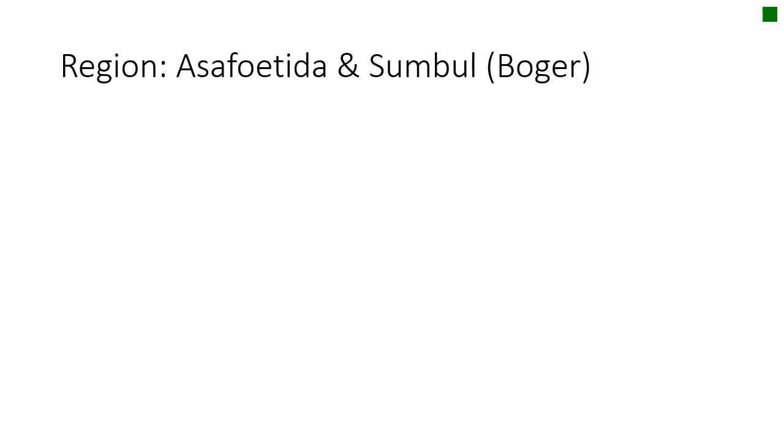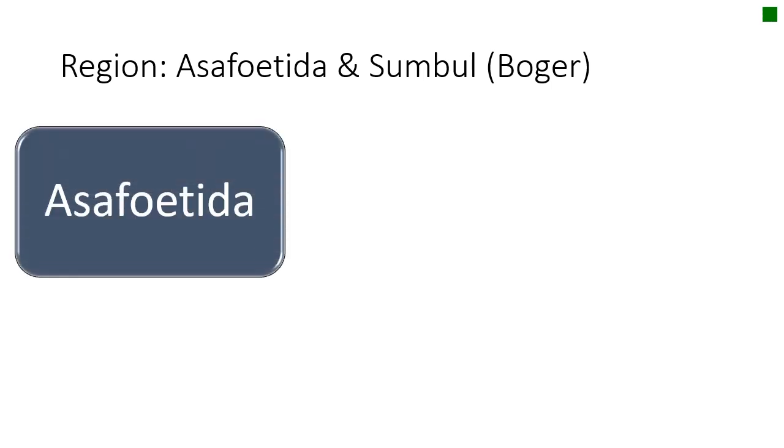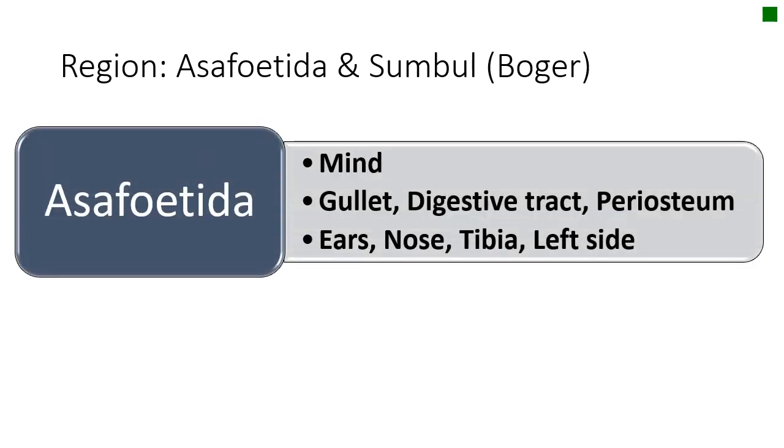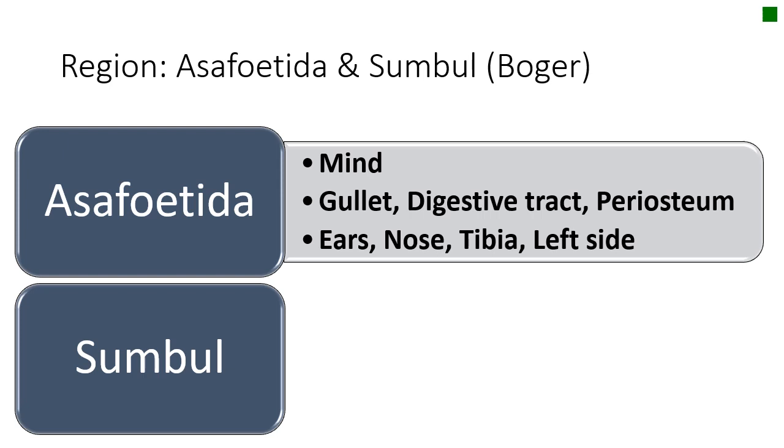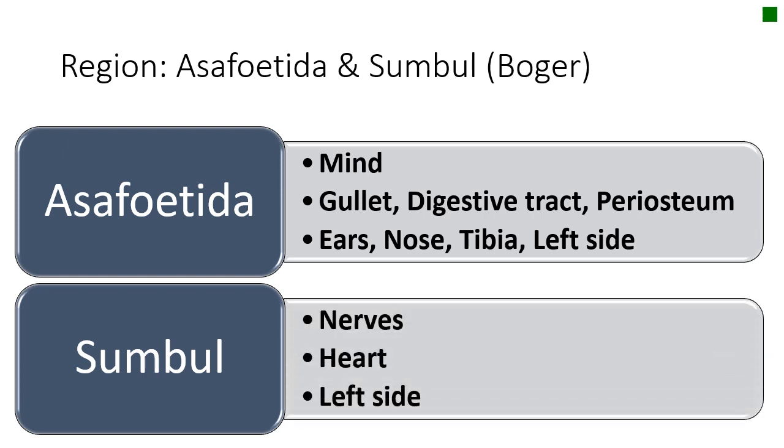Now, if we just refer to Boger's book, The Synoptic Key, and we look at the regions which are affected by asafoetida and Sambucus, asafoetida has got relationships with the mind, and in bold letters the gullet, digestive tract and the periosteum, none of which actually happen to occur in this particular case.